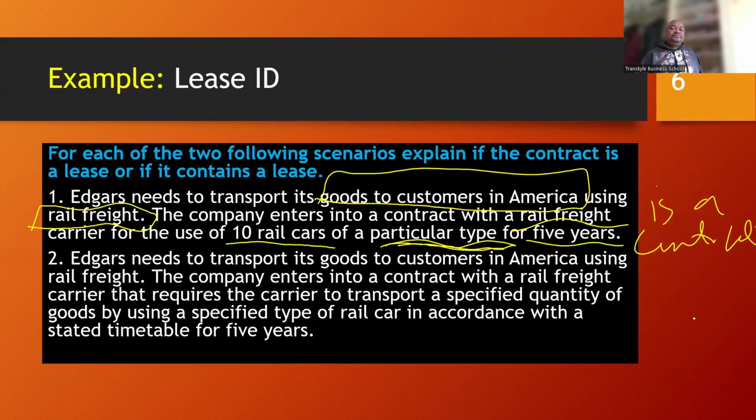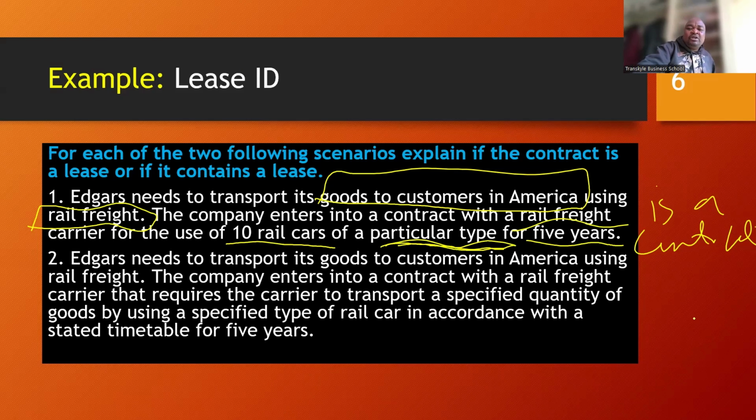What shall we say? Actually, the situation is just the same. The first line is just the same. They need to transport its goods to customers in America using rail freight.